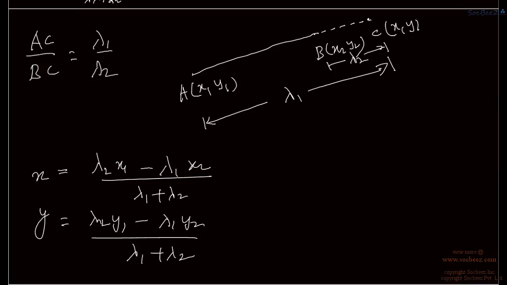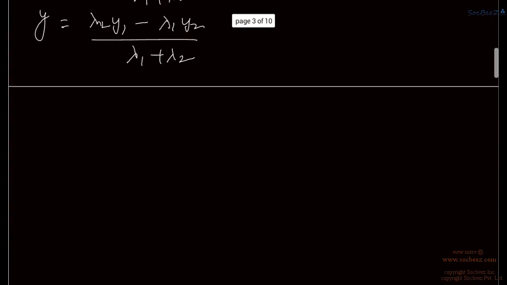Okay, so after this, the third is area of triangle. Let's have a look at that. Area of triangle. So a triangle means we have three vertices.